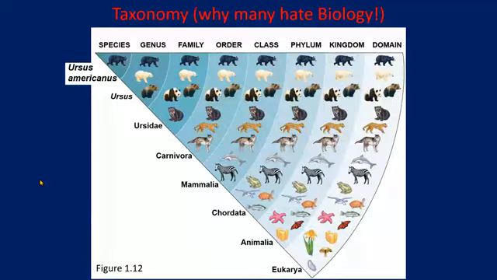One more thing, when you think about organisms biologically, you want to go for classification, and this classification is taxonomy, where you identify the species, genus, family, order, class, phylum, kingdom, and domain.